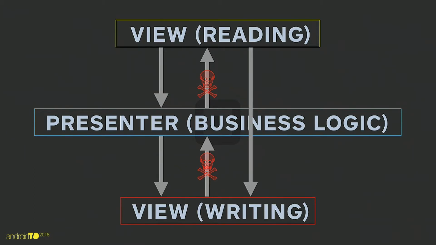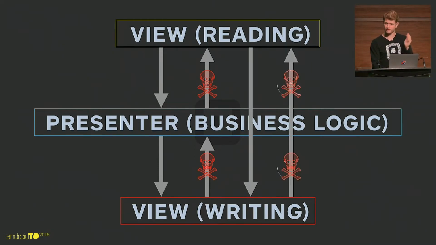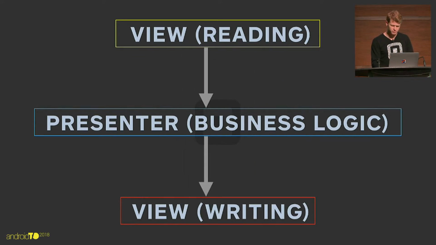If you don't have any business logic, you could skip it if you want. But again, if you want to render a view model, this should not kick a reading. And this is the unidirectional data flow. The data has only one way to go, and this makes things much easier to think about. So that's what we have.